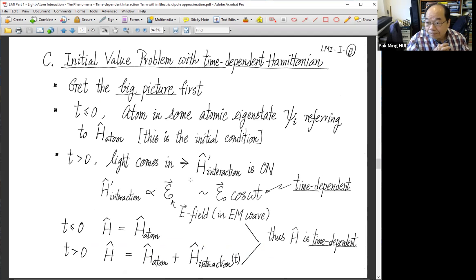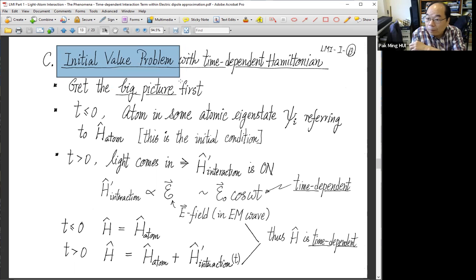So now, I would like to argue that what we are encountering is a typical time-dependent problem in quantum mechanics, and therefore, in the later section, we need to develop time-dependent perturbation theory. In addition, the question that we want to answer falls into the category of initial value problem.